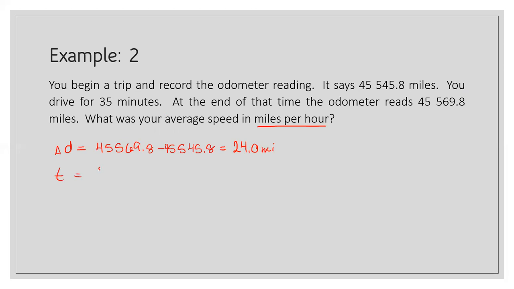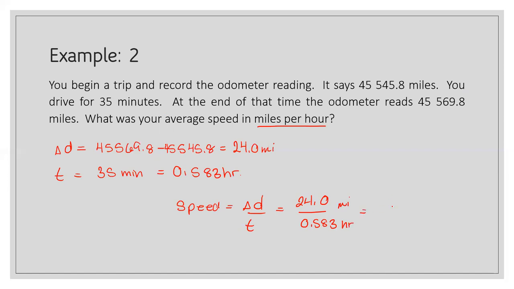Time is 35 minutes, which is equal to 35 divided by 60 will give you 0.583 hours. So speed is equal to the change in distance over time, which is 24.0 divided by 0.583. We have miles on top, hours on bottom, so that's going to give us 41 miles per hour. Nothing too complex about those calculations.